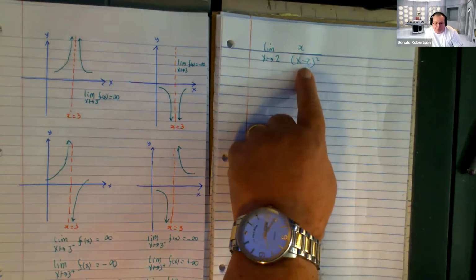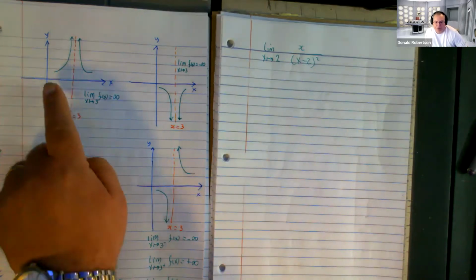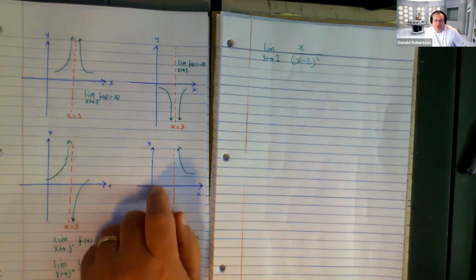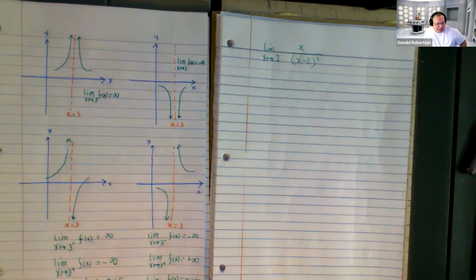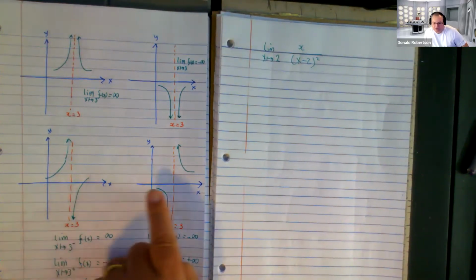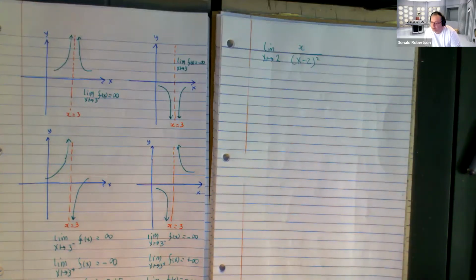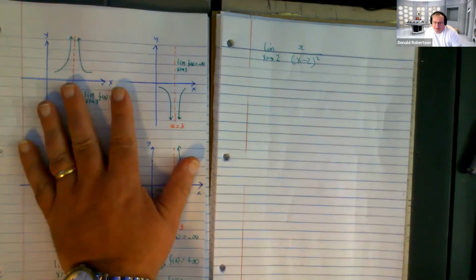Now, the first way to do it, couldn't I just plug that into Desmos and see, maybe I'll get a volcano, right? In which case the answer is plus infinity. Maybe when I plug it into Desmos, it looks like this, in which case I'll get negative infinity. Maybe I'll get this guy or this guy, in which case that answer would be does not exist, right, for example. And so one method is, put it in Desmos.